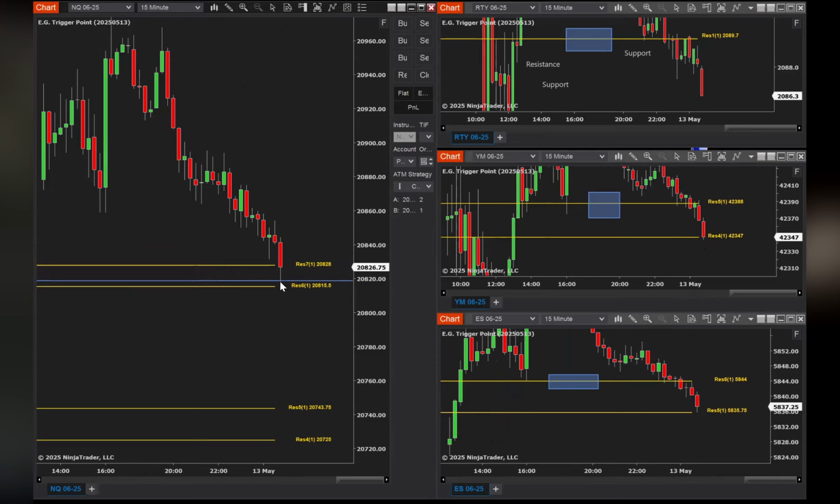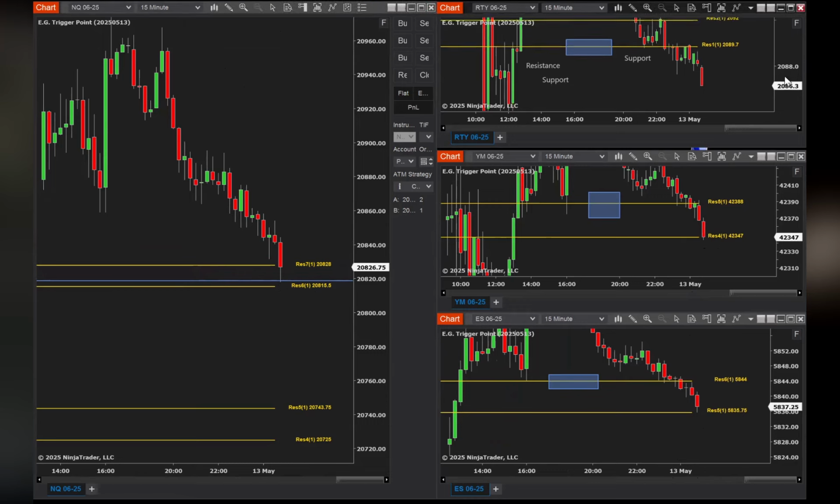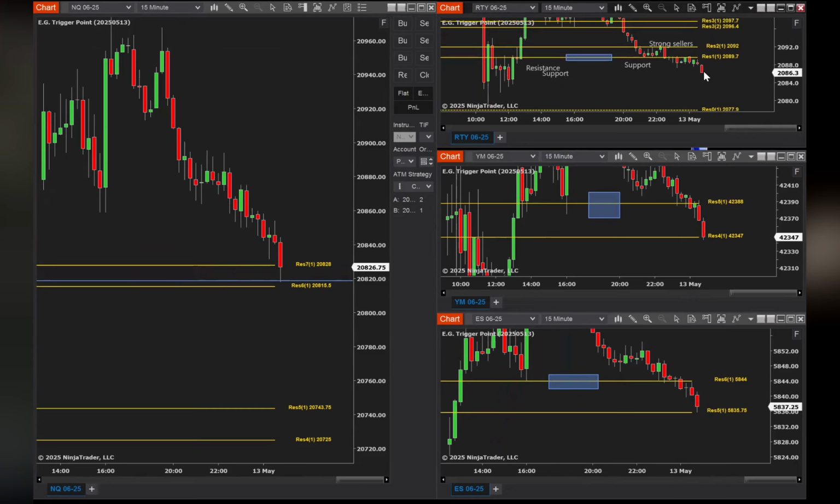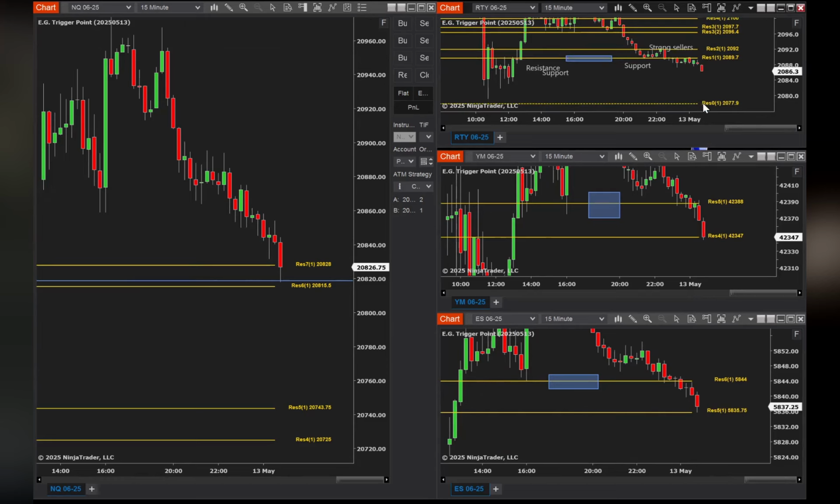This is another A+ setup for me to go long on the correlated assets. Although RTY did not have a support line here, since it was far away, I anticipated that it wouldn't be a magnet and wouldn't try to hit this support. So this line is what I was looking for to go long on NQ or YM or ES. At this point, RTY broke.